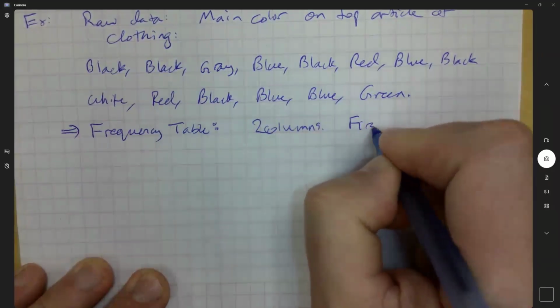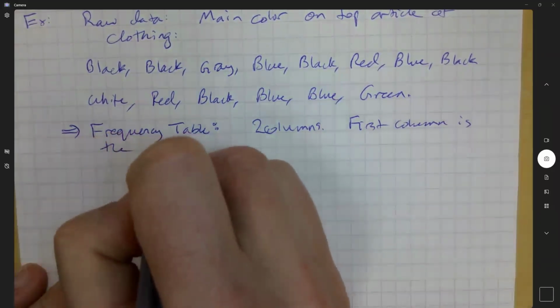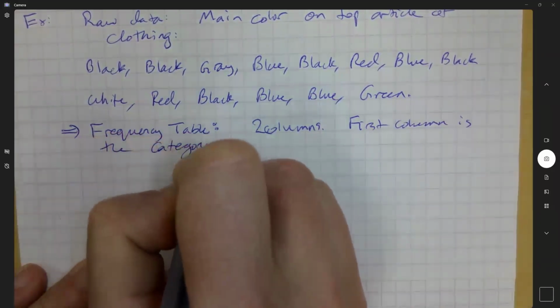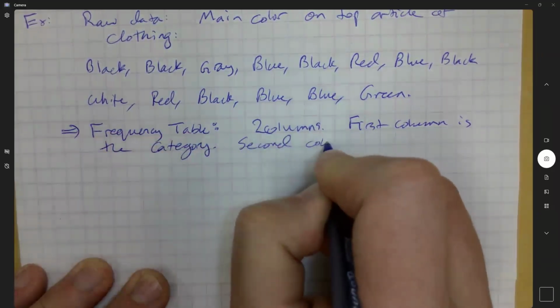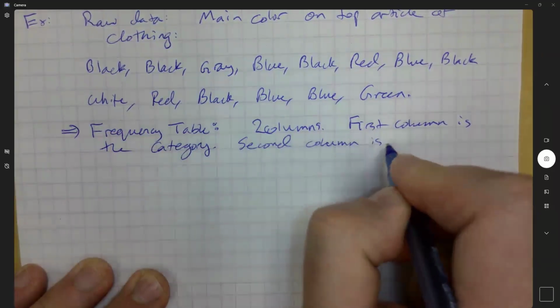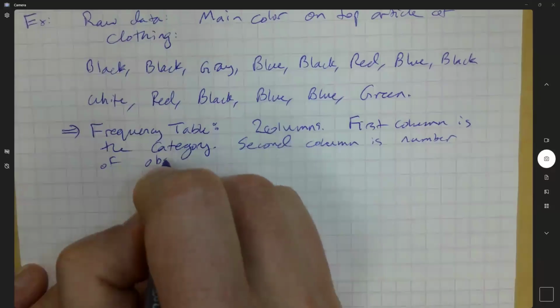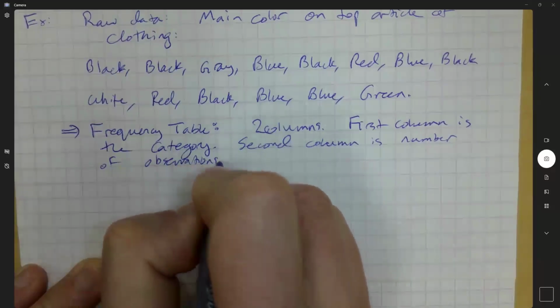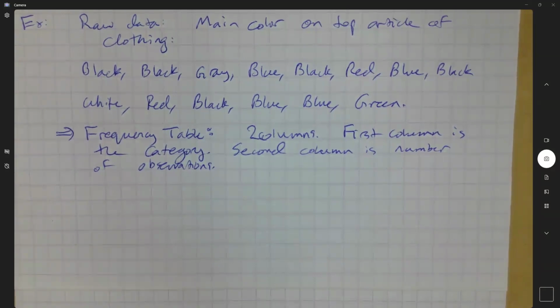The first column is the category, and the second column is the number of observations. Are there more red shirts or blue shirts? I heard blue, it took 5 seconds.